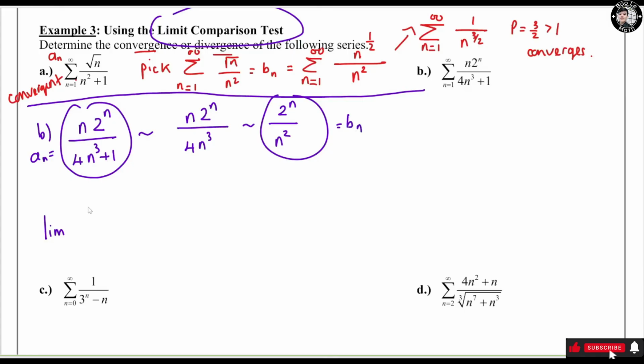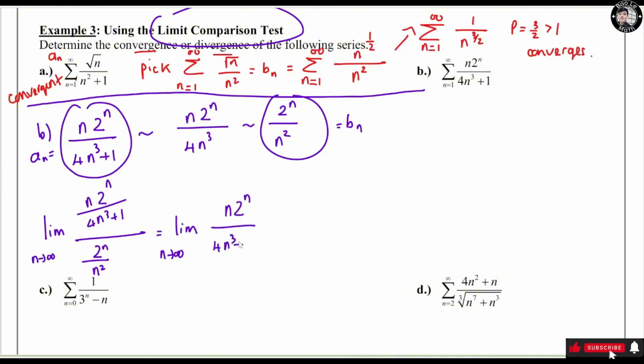So a sub n over b sub n is n times 2 to the n over 4n cubed plus 1, divided by 2 to the n over n squared, when n approaches infinity. This is the same thing as the limit when n approaches infinity of n times 2 to the n over 4n cubed plus 1, times n squared over 2 to the n.